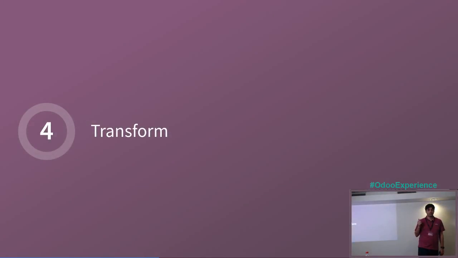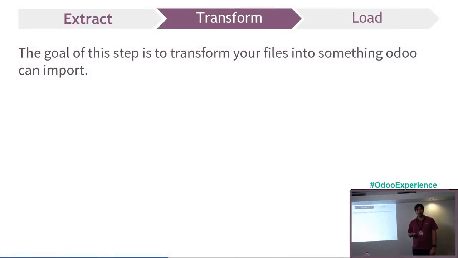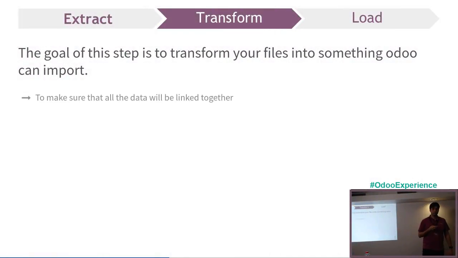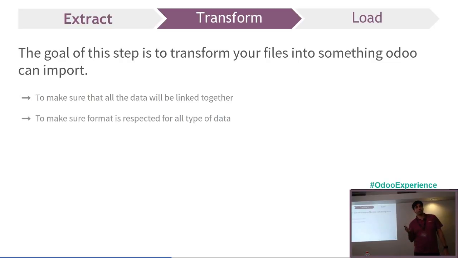The transformation. That's probably the most complex step because it's where you actually transform your data into something Odoo can import. You need to make sure that all your data will be linked together in Odoo, using the external ID again. You need to make sure that the format will be something that Odoo will accept.